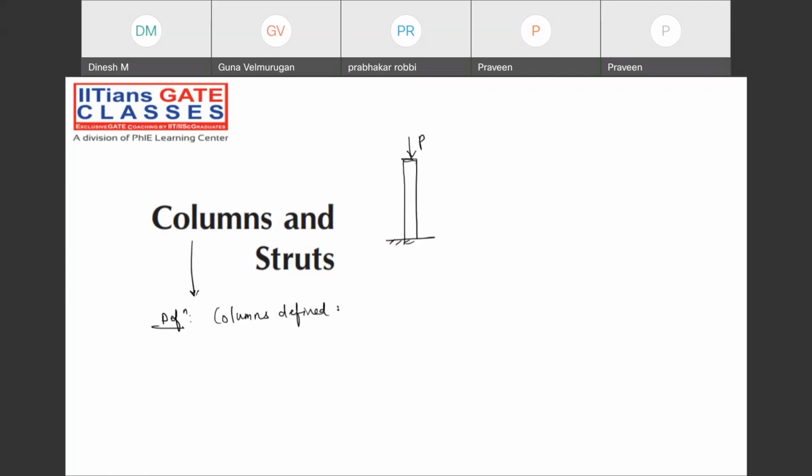Columns are defined as a vertical structural member, subjected to axial compressive load during its functionality.